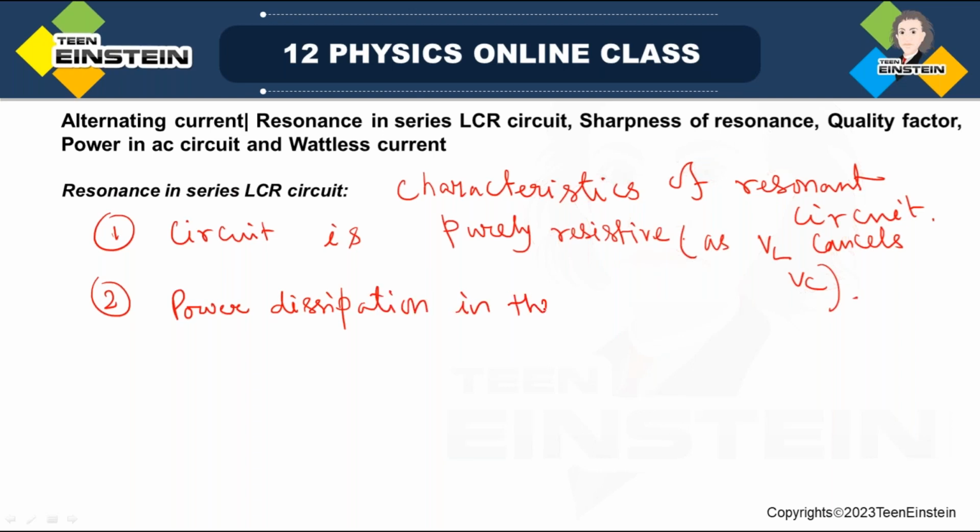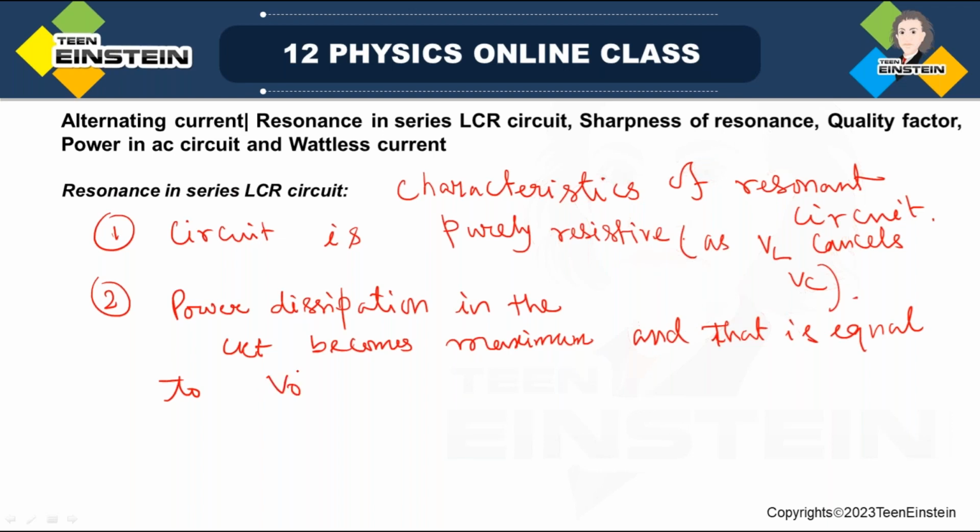That is equal to V0 squared by R. I should write it in terms of RMS, so V RMS squared by R. This is the maximum power dissipation that happens in a resonance circuit.